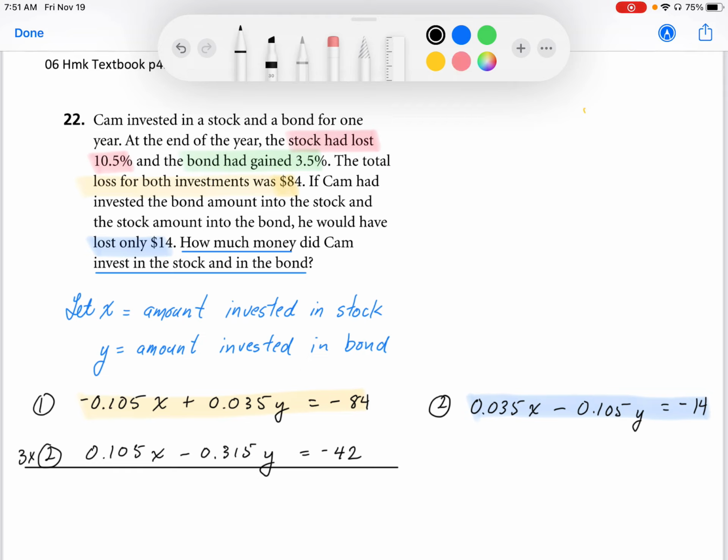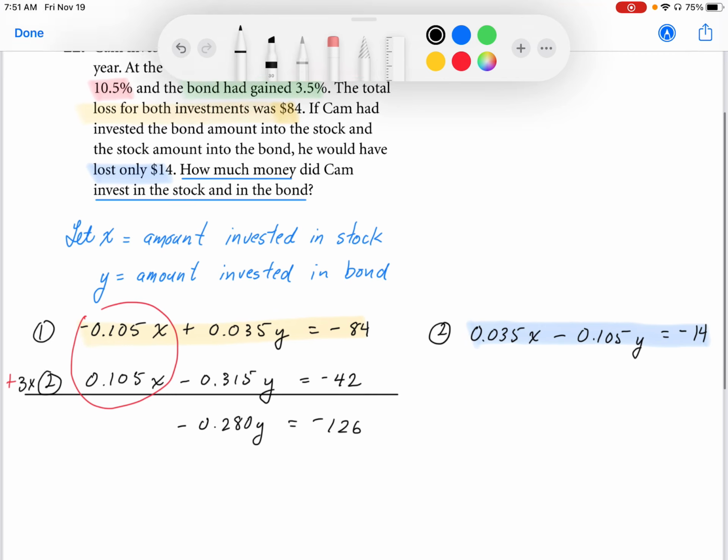At this point we can see that there is a zero pair here. If I add these together, those cancel out. And so when I add this together, I'm going to end up with negative 0.280y, and adding those together, we get negative 126.